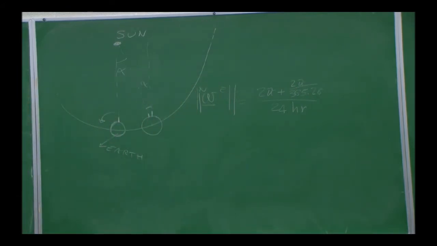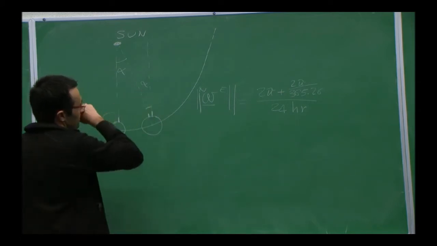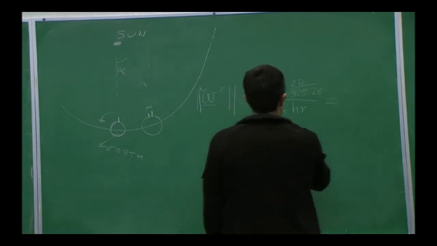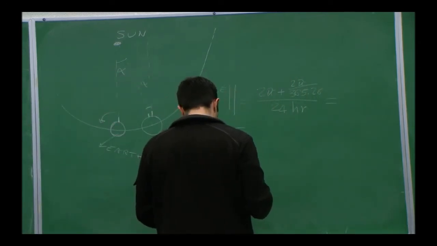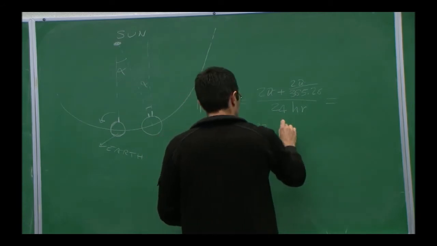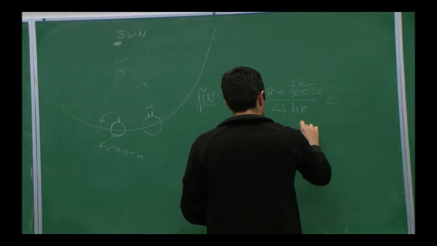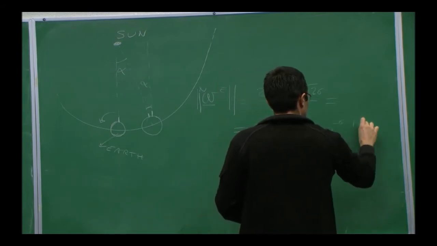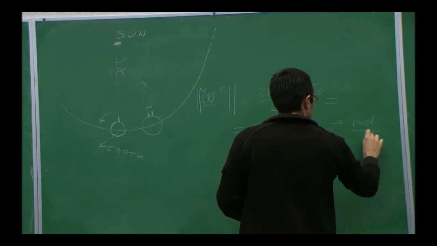That's more or less how much you need to add to see the sun again in the same position. This is in radians per second. If you do the math here, you get this number, 72.9217 times 10 to the minus 6 radians per second.